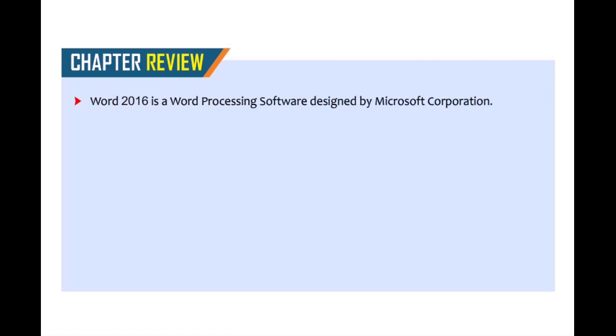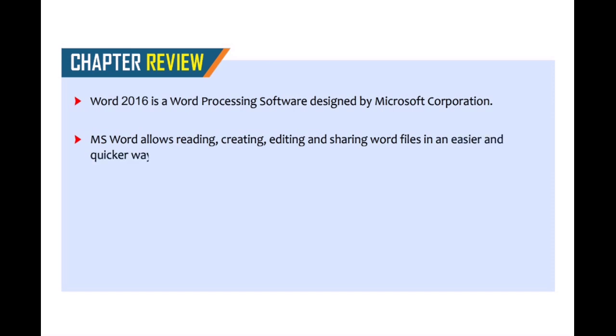Let us quickly have a look at the chapter review. Word 2016 is a word processing software designed by Microsoft Corporation. MS Word allows reading, creating, editing, and sharing Word files in an easier and quicker way.